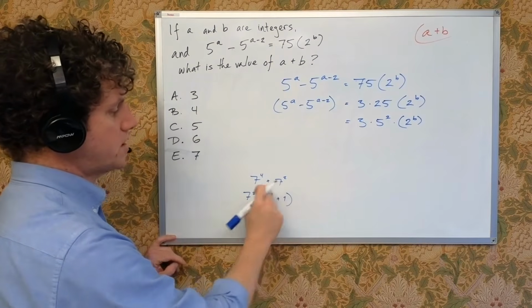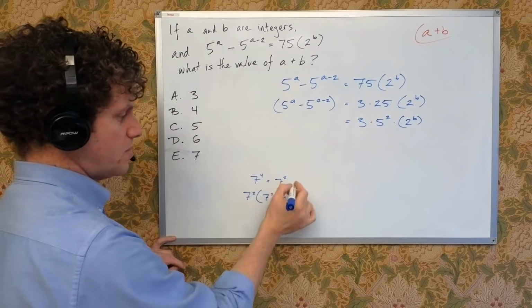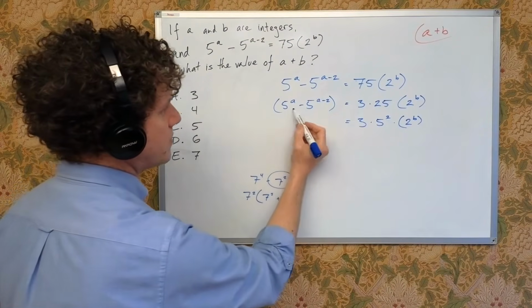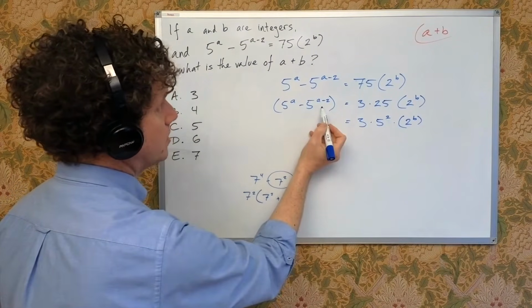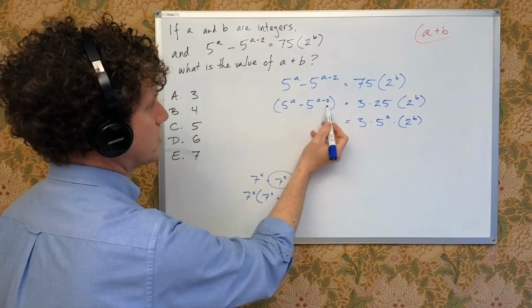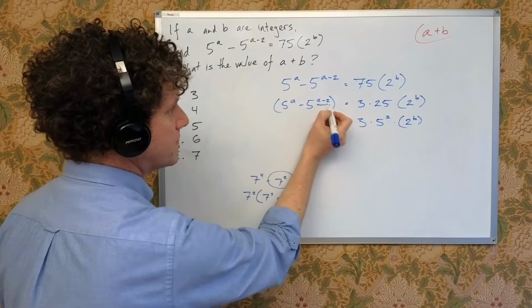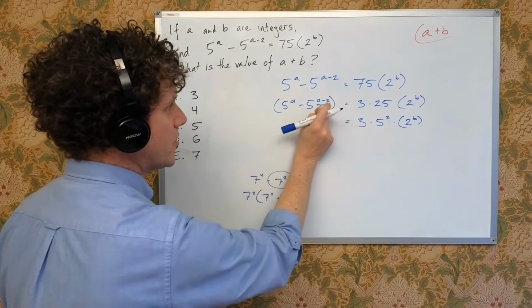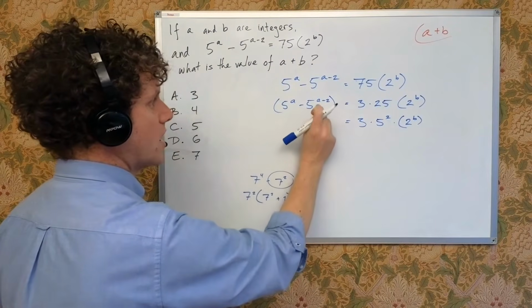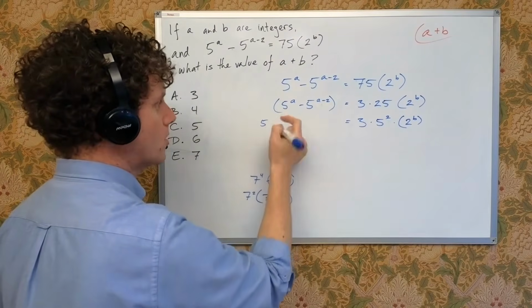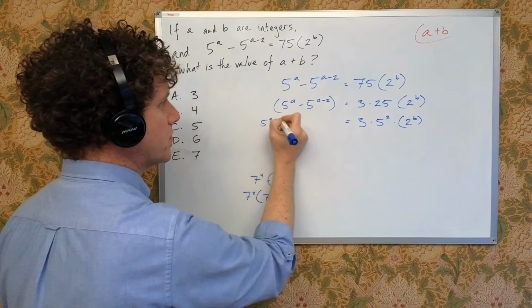If I wanted to take out four 7's, I would be smushing this into some kind of a fraction. Which of these is the lesser number? The subtracted one. So, although I don't know how many 5's that is, there's that many 5's in this second term, and there are more in this first term.